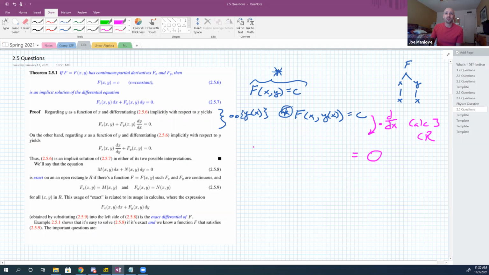So that's going to be the partial of f with respect to x, right? That's this branch here, times the derivative of that function with respect to x.